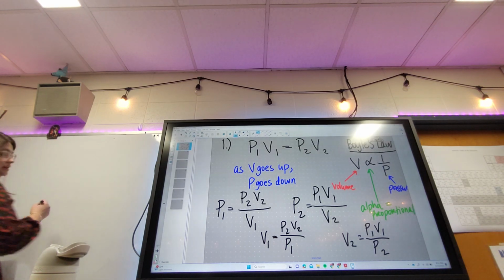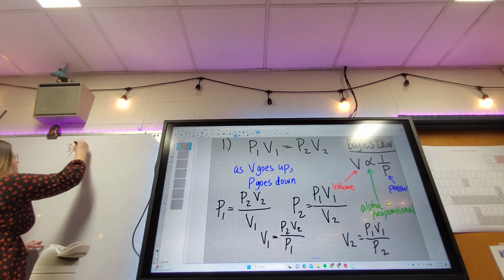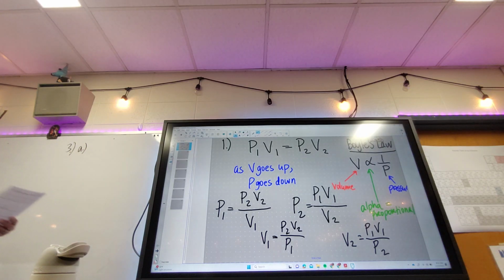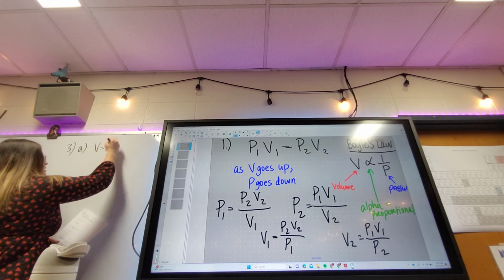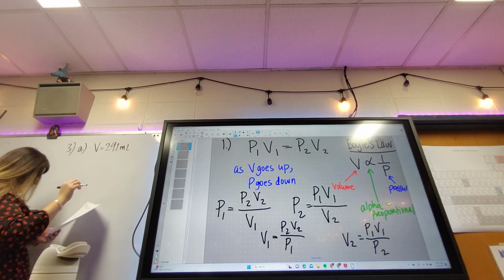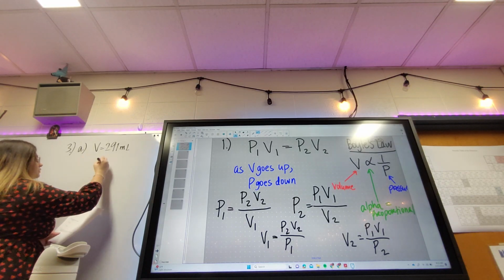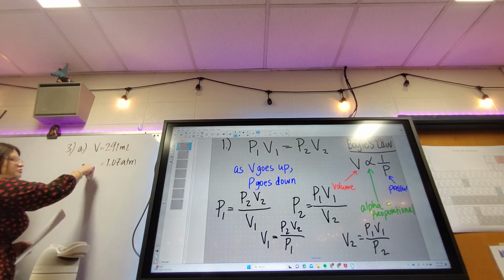All right, so here is 3A. I'm going to just try to make sure that I'm getting it on the video. Okay, so your data table should look like this. You have a volume, 291 milliliters, and you have 1.07 ATM. What variable do you have?